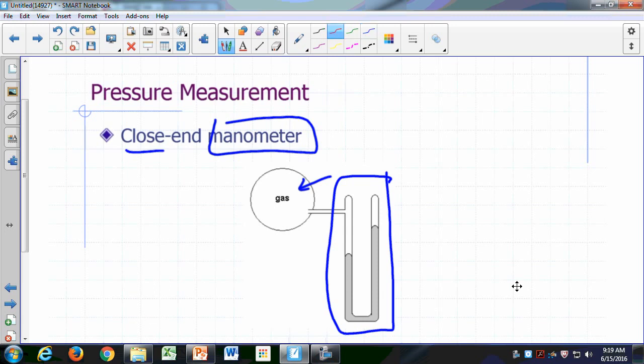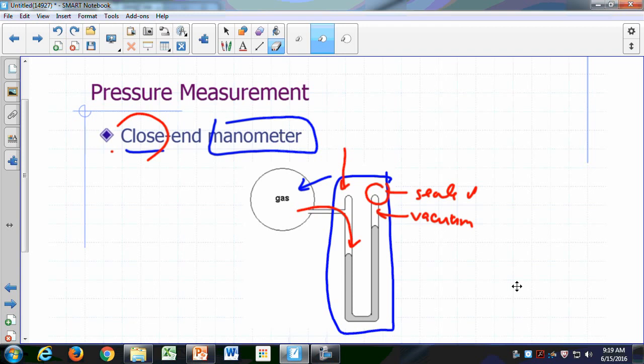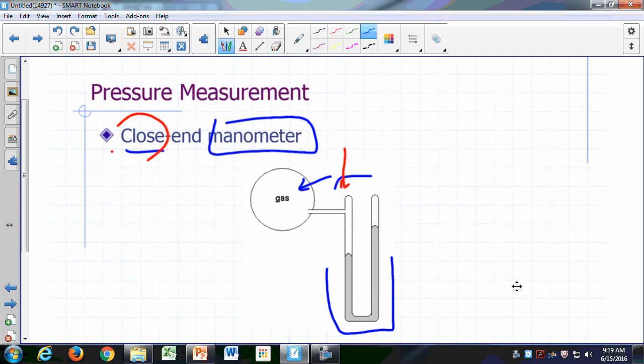When we say it's closed end, what we're referring to is that this part right here is sealed, okay? And what you have in here is a vacuum. And pretty much it works just like a barometer, except that this side right here is not exposed to the atmosphere, so it's only exposed to the gas. So the height of the mercury column between the two arms of your manometer, so this side right here and this side right here, that height difference, you can measure in millimeters or centimeters.